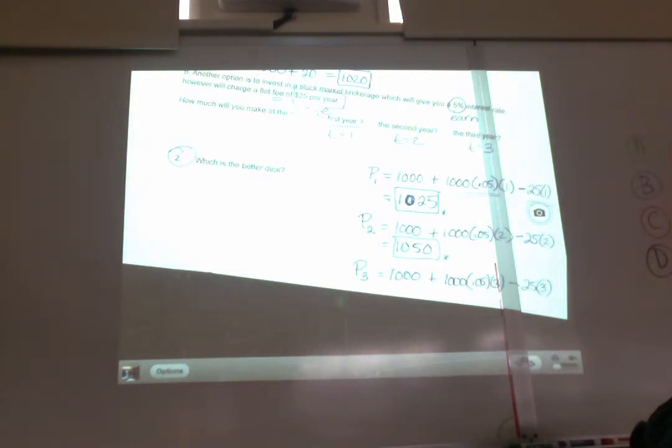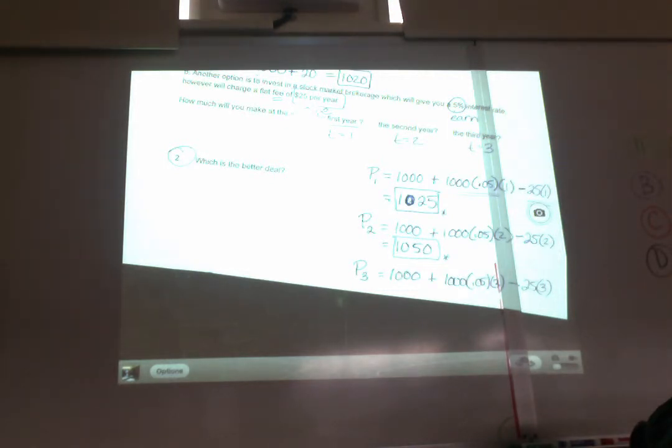Okay, how much more money do you get? You're choosing between A and B. This is the 2% interest account, and this is the 5% interest account. In both cases, you'll get more after 3 years. That's what P3 means.